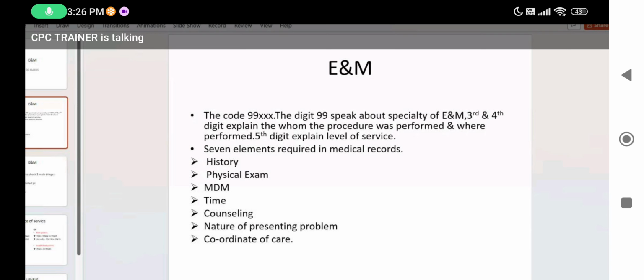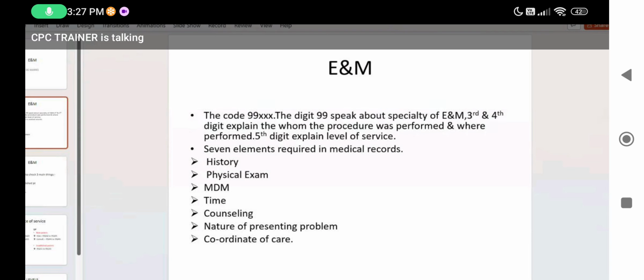Whenever you have to code E&M, seven elements are required in your medical report. What does that mean? In your medical report, we need documentation for patient history, physical exam, MDM, timing, counseling, nature of presenting problem, and coordination of care.